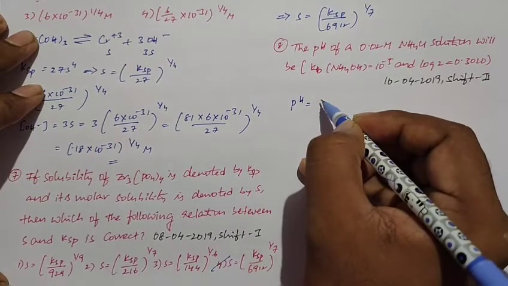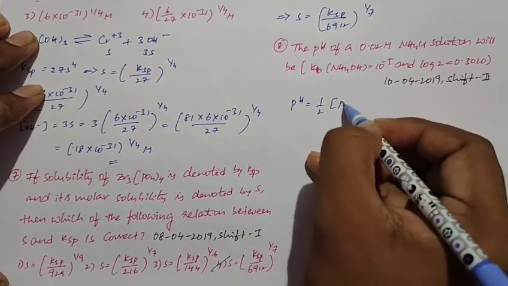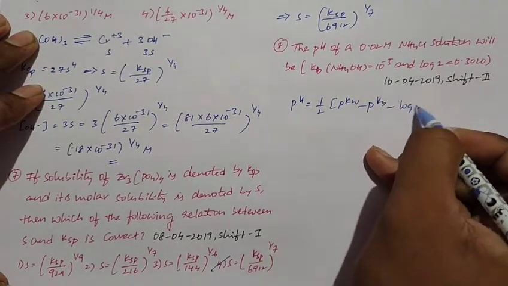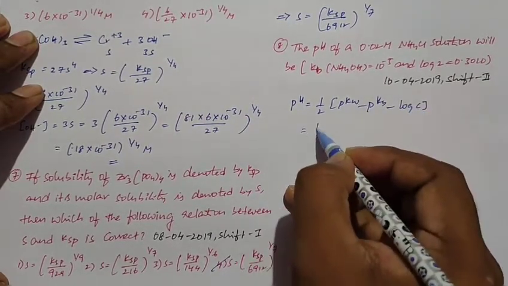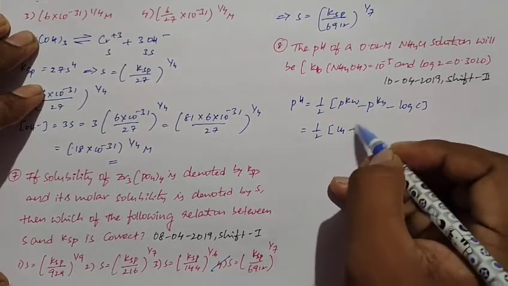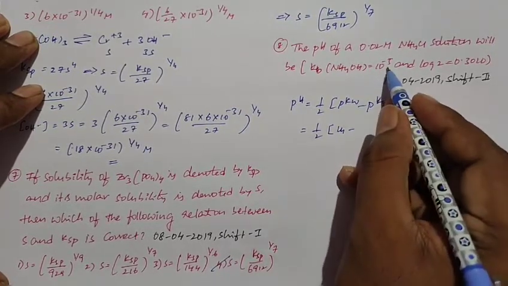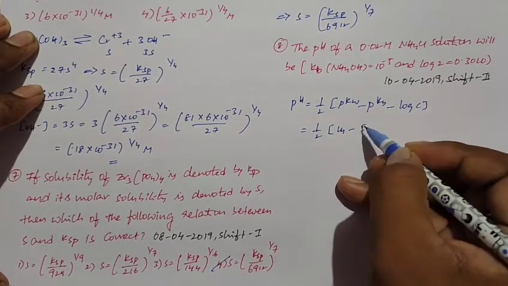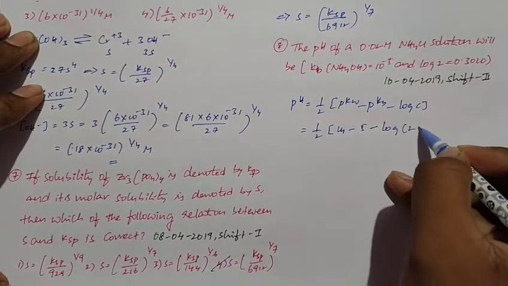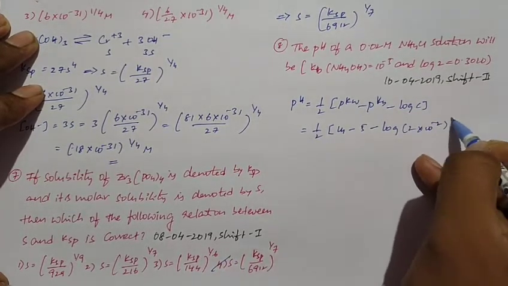We have one formula: pH is equal to half into (pKw minus pKb minus log C). So here pKw is 14, and Kb is equal to 10^-5, so pKb is equal to 5. C is 0.02 molar, taken as 2 into 10^-2.